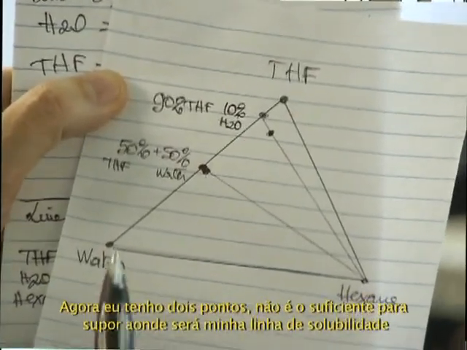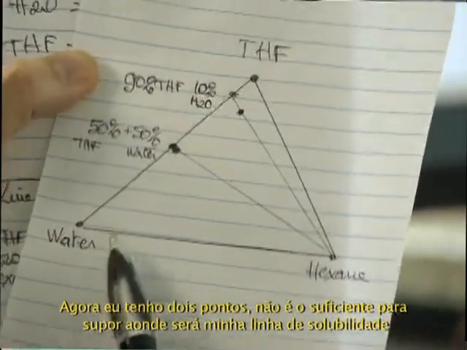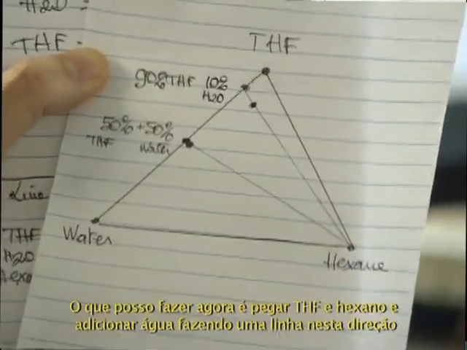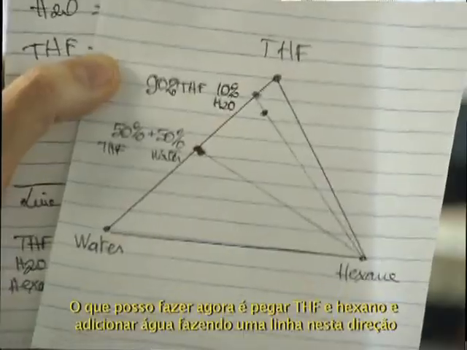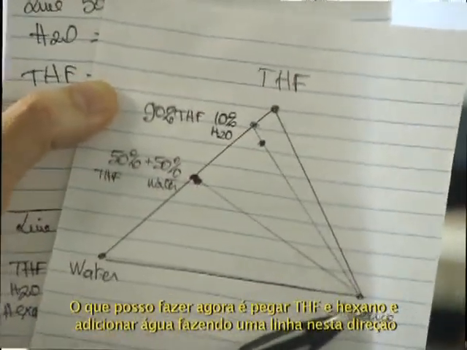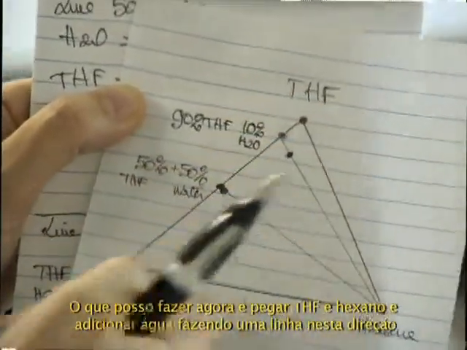So now I got 2 points. It's not enough to guess where my binodal curve is. So what I can do now is take THF and hexane and add water to it to make a line this way.